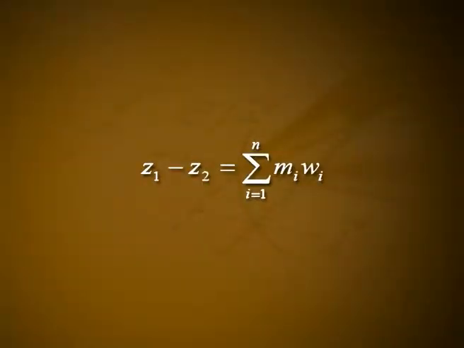Example 2. Let w1, w2, ..., wn in R^n be linearly independent. We consider z1, z2 in R^n as equivalent if there are m1, m2, ..., mn in Z with z1 minus z2 equal to the sum over i equal to 1 to n of m_i w_i. Let pi be the projection mapping z in R^n to its equivalence class.